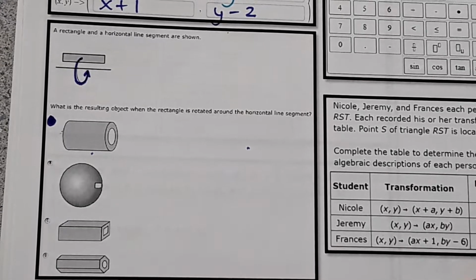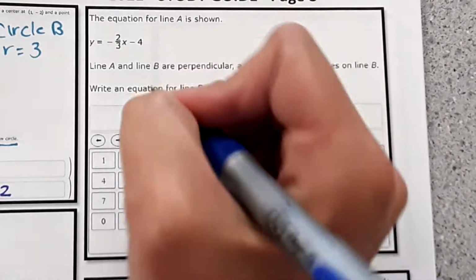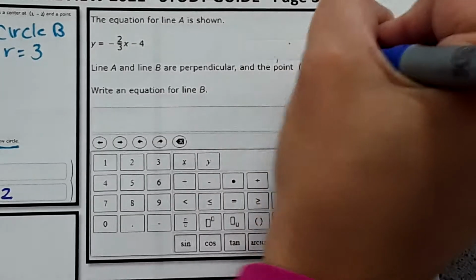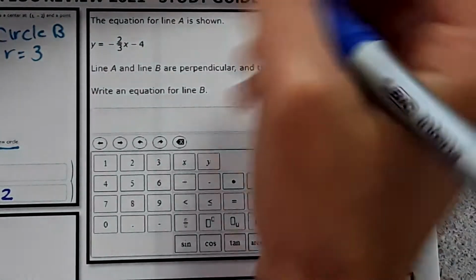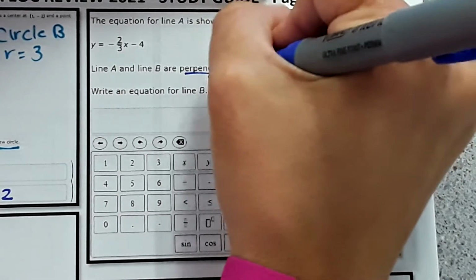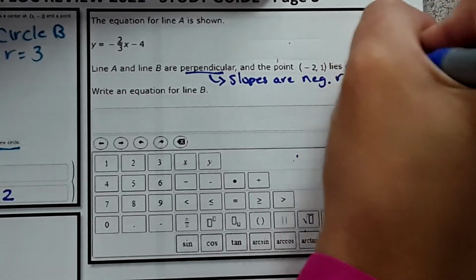Okay, we're going to move up to the top right now. The equation for line A is shown. It says line A and B are perpendicular, and the point (-2, 1) lies on line B. Write an equation for line B. When 2 lines are perpendicular, the slopes are negative reciprocals.